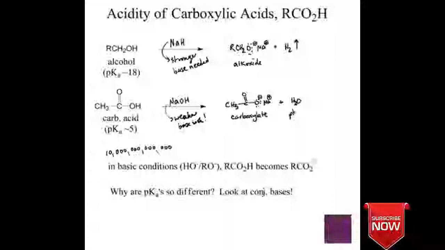That has a pKa on the order of 16, and so that wouldn't be strong enough to totally deprotonate an alcohol, but again, very, very easily deprotonates a carboxylic acid. This reverse reaction is essentially non-existent when there's such a big difference in the pKa's, 16 compared to 5.